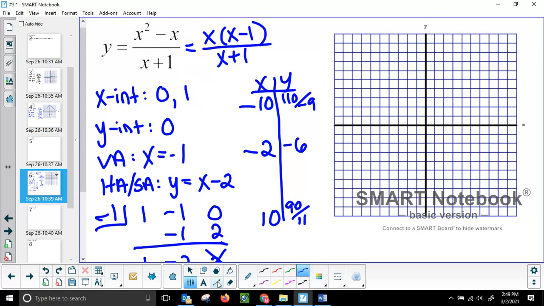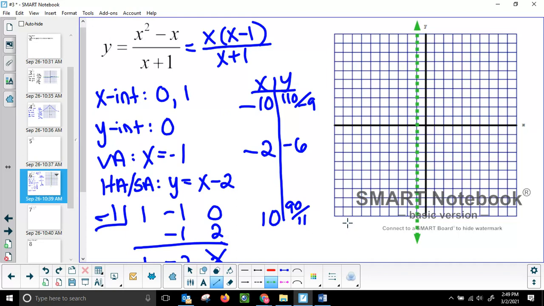Now I'll go ahead and put my asymptotes on here. My first asymptote, the vertical asymptote, at x equals -1. Next we are going to have our slant asymptote of y equals x minus 2. So that's -2, with a slope of 1, obviously.